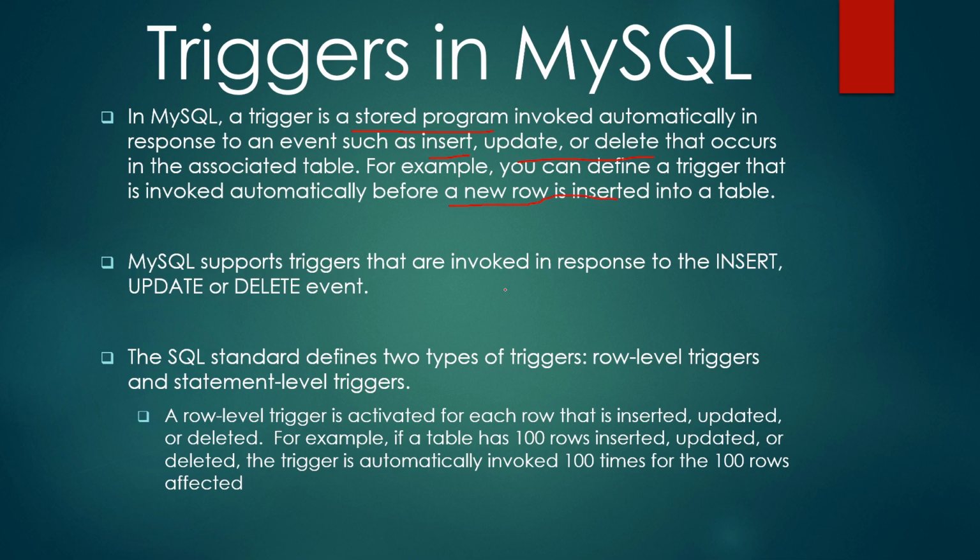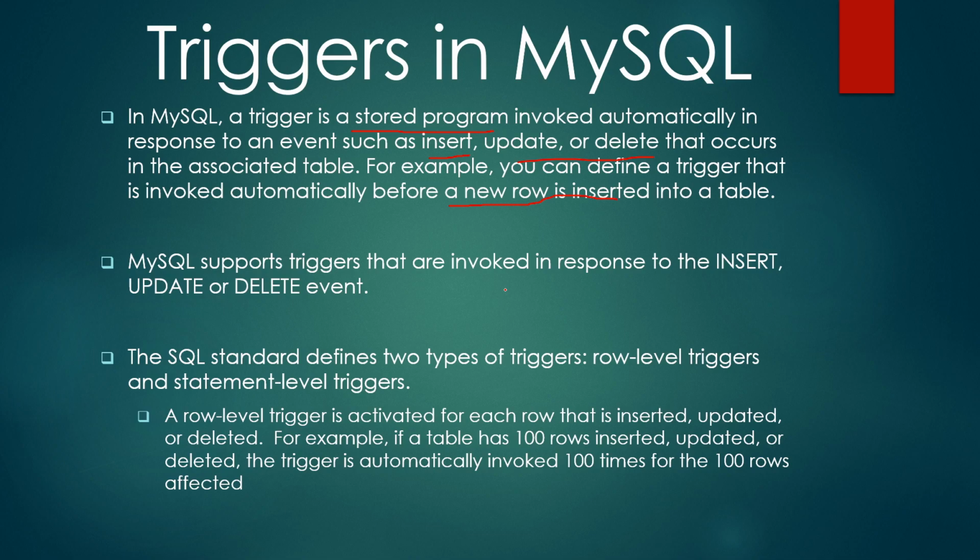So, in easy language, a trigger is a program. Okay, it is a program that is invoked automatically. So you can just set that trigger in response to an event such as insert, update, or delete. So let's say whenever you insert any row, at that time you can set that trigger that before inserting or after inserting, just invoke this trigger.